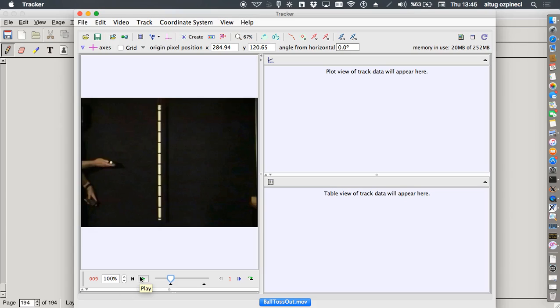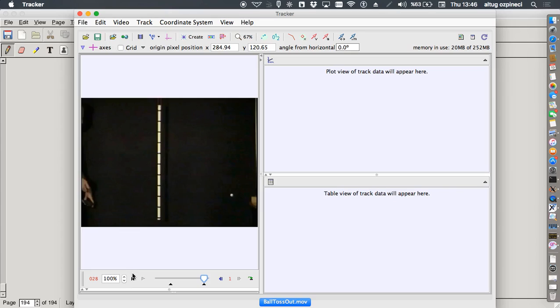So there's a white pole. Okay, there is this white ball.